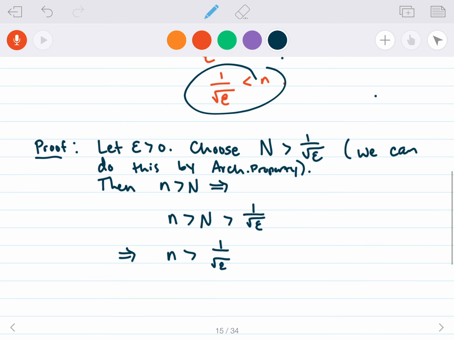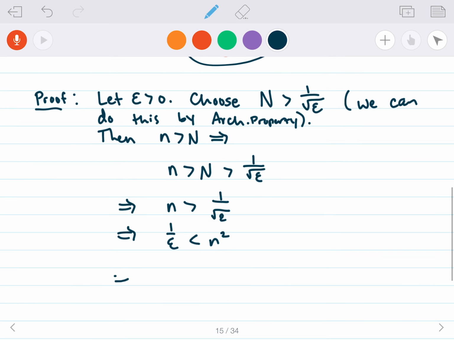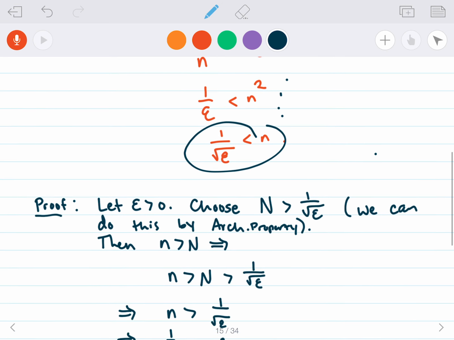So we start backtracking and we say this implies that 1 over epsilon is less than n squared. Again, I'm not going to do this every time, but just so you guys see.